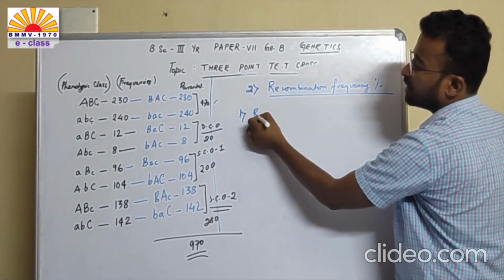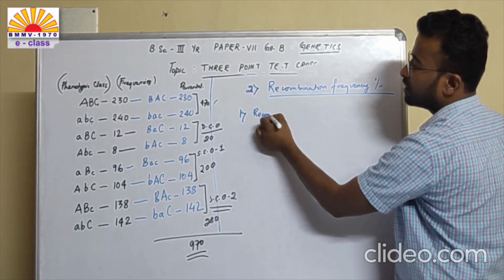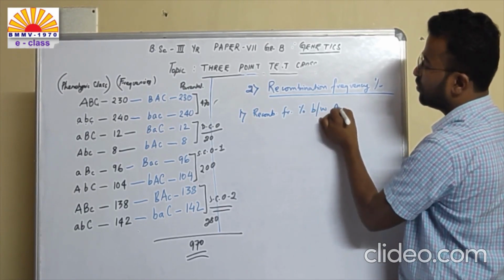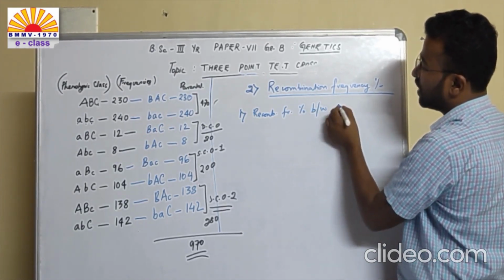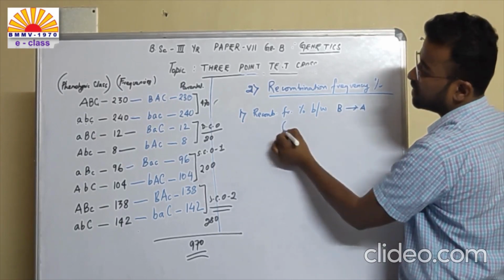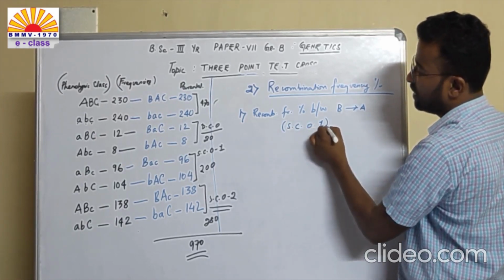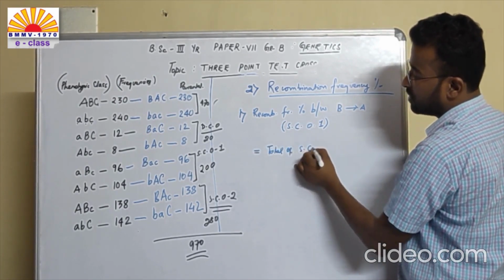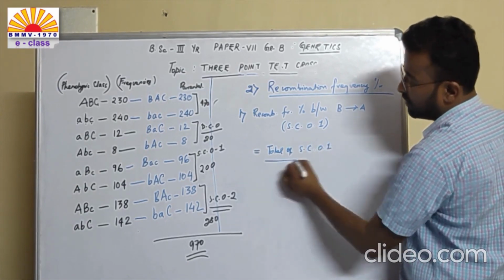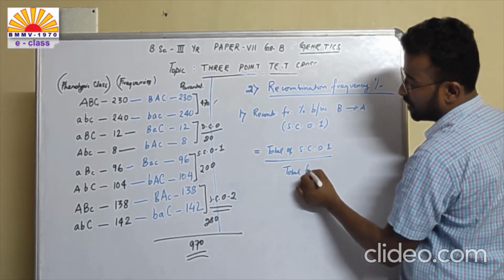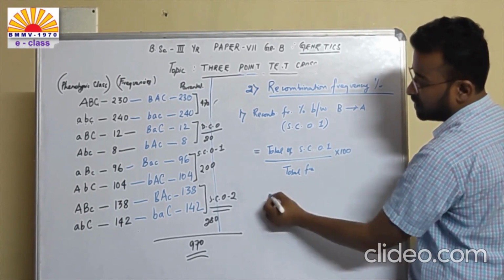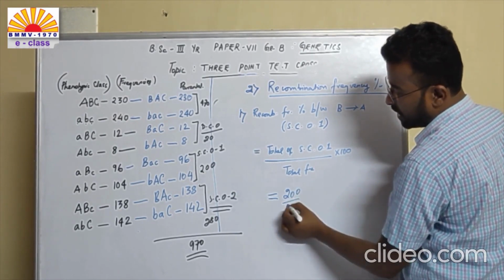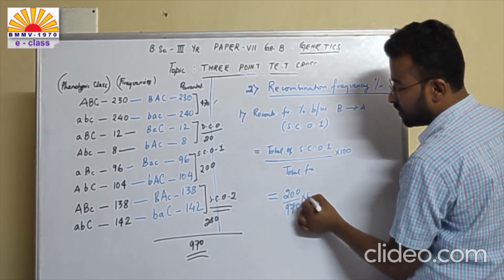Number one, recombination frequency percentage between B to A, that is represented by single crossover 1, is equal to total of single crossover 1 divided by total frequency into 100, which is going to be, total of single crossover is 200 divided by 970 into 100.